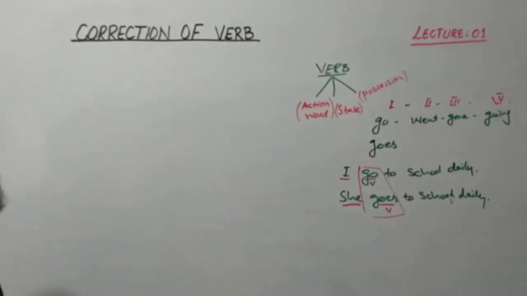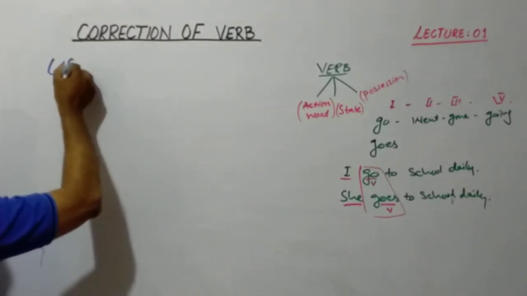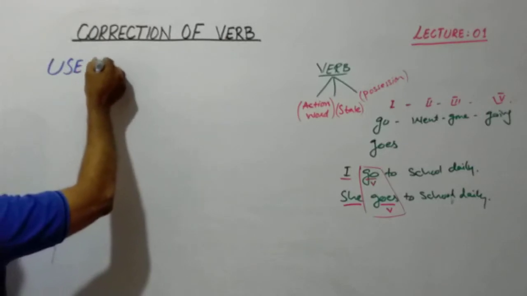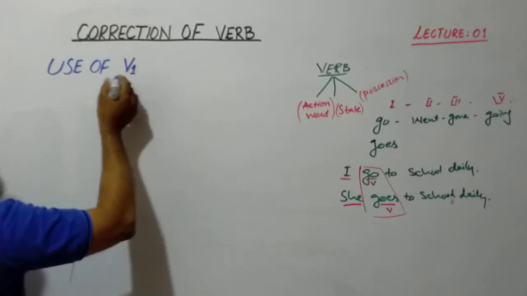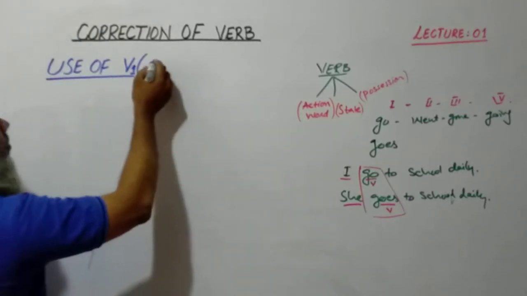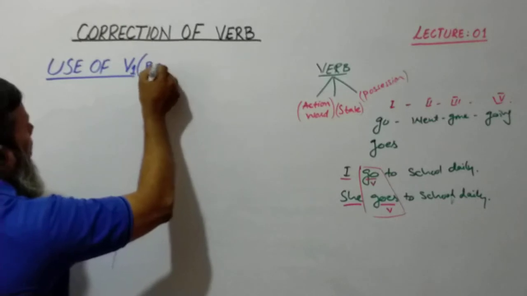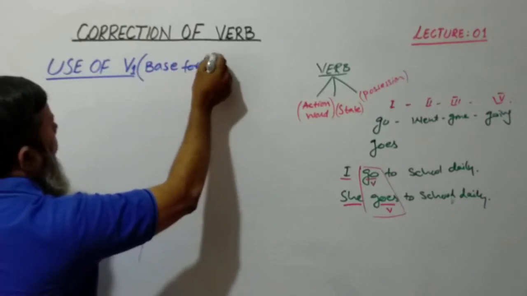Okay? Put the heading, use of first form. Verb 1 means the first form of the verb. Or you can say use of the base form, B-A-S-E. Base form. Okay? I think you have understood.